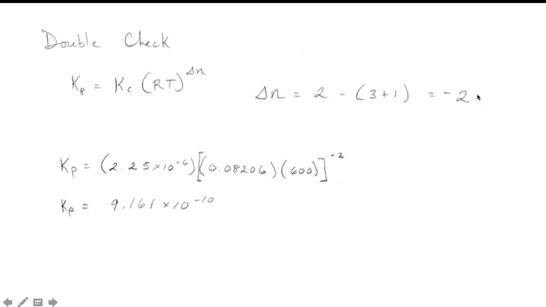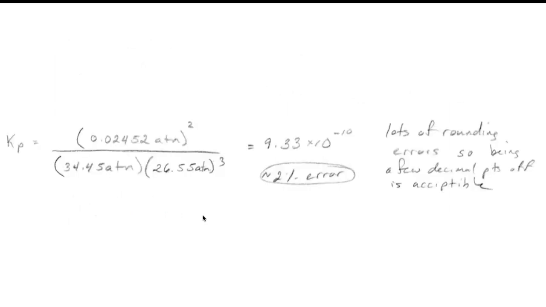All we have to do is insert our values. Here's the Kc that we were given, here's our literature value, here's R. There's our temperature raised to the -2nd. I've omitted units just for the sake of clarity of looking at the numbers. We end up with a Kp of 9.161 times 10 to the -10th. That would be what our theoretical Kp should be based on the Kc.